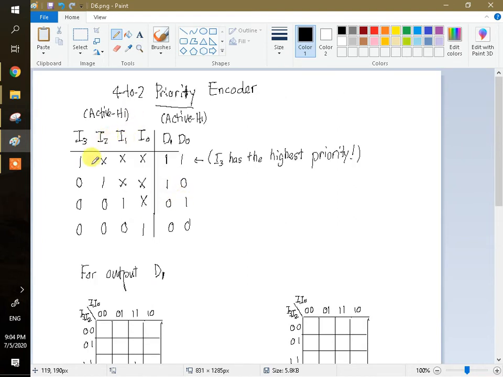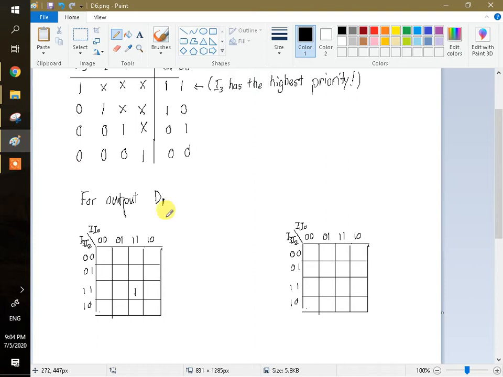But this can be 1, 0, 1, 1, or 1, 0, 0, 0. Anything starting with 1, we need to activate, because you don't care. Anything where I3 is 1. Can you follow?